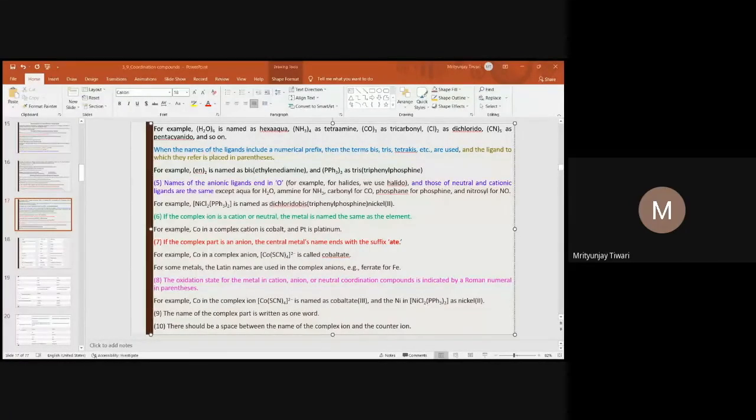So four SCN, four negative charge here, and net on it is what?